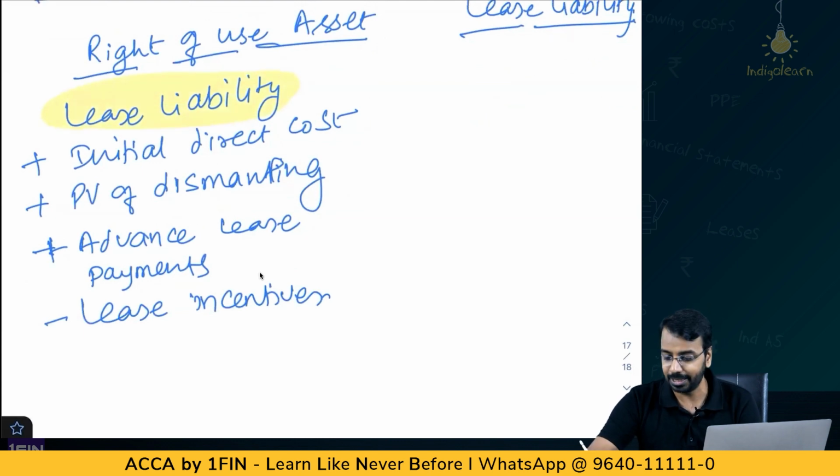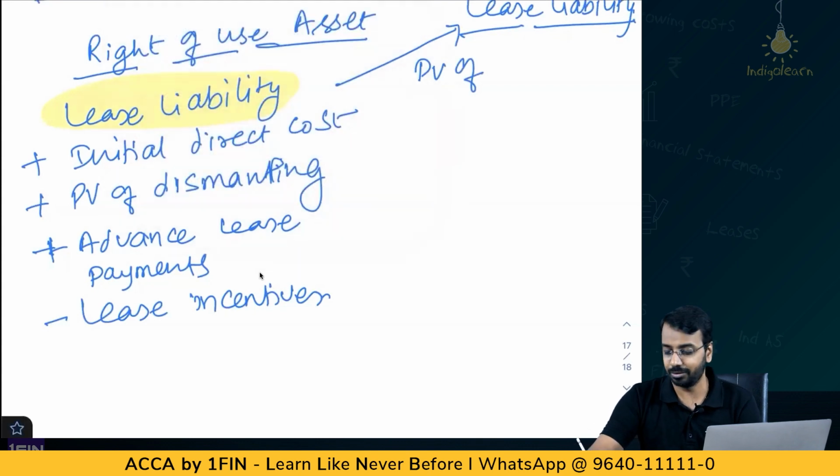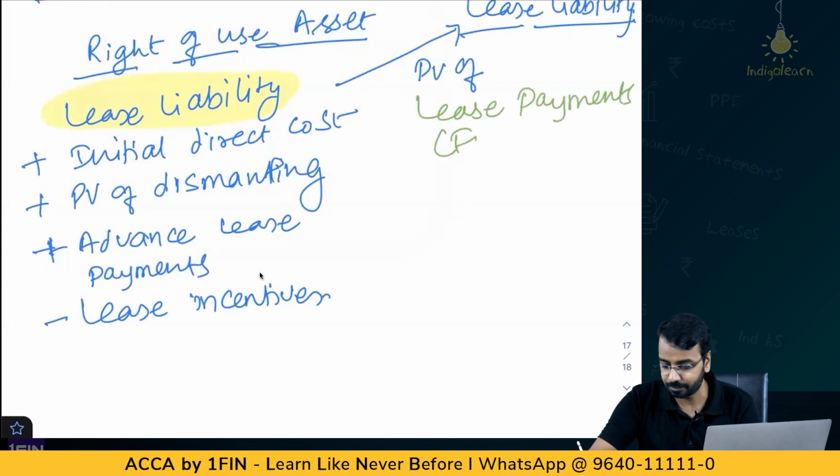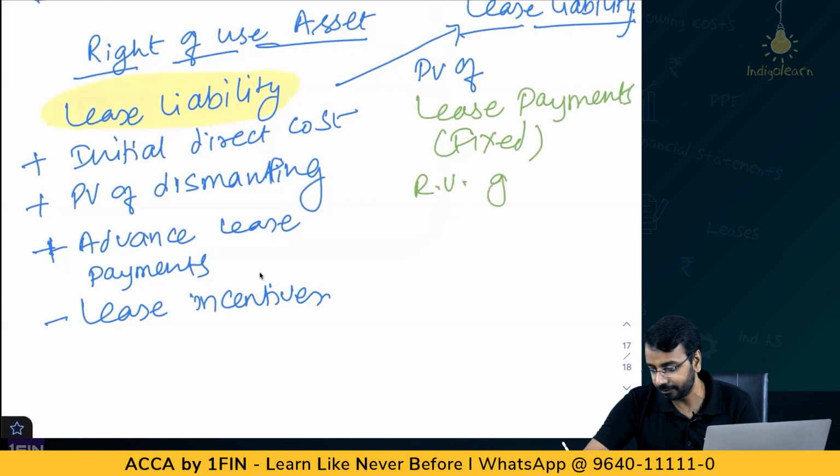Now, what is this lease liability? What is calculated here? Present value of lease payments which are fixed. Then residual value guarantee.